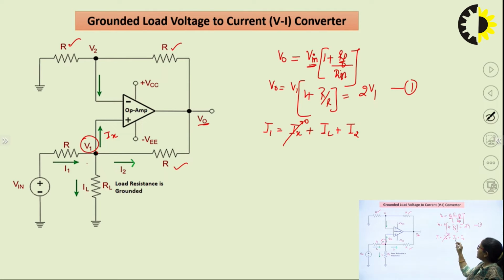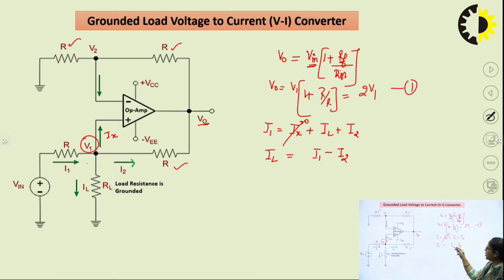Now, I1 equals IL plus I2 only, or we can write that IL equals I1 minus I2. I have rearranged the equation.